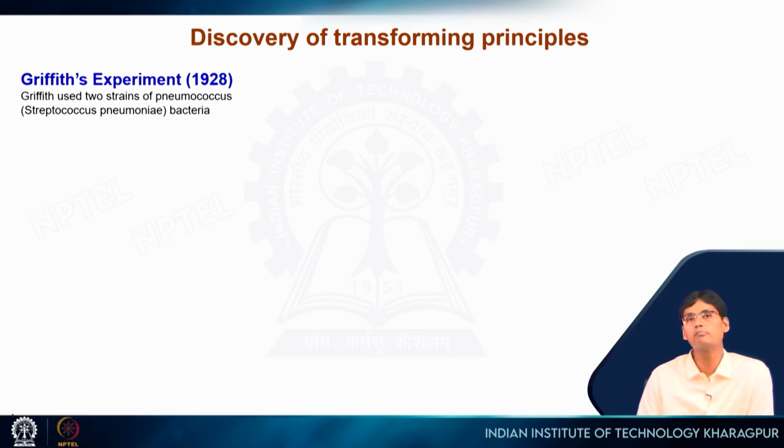During that time, it was noticed that although Spanish flu is a viral disease, because of the viral infection the immune system gets weak, and because of that, secondary infections come. And during that time, Griffith, a British microbiologist, was working with Streptococcus pneumoniae.